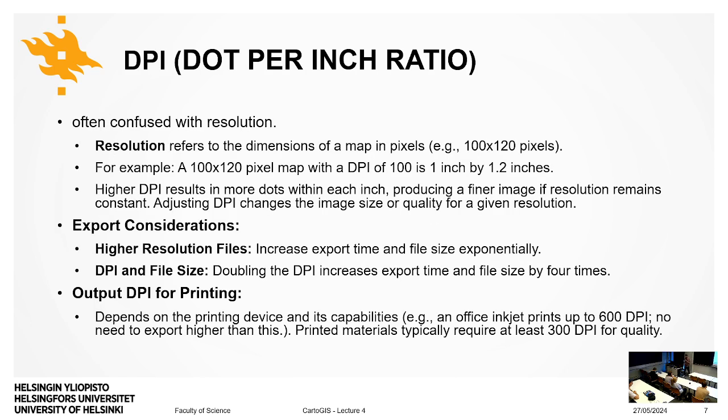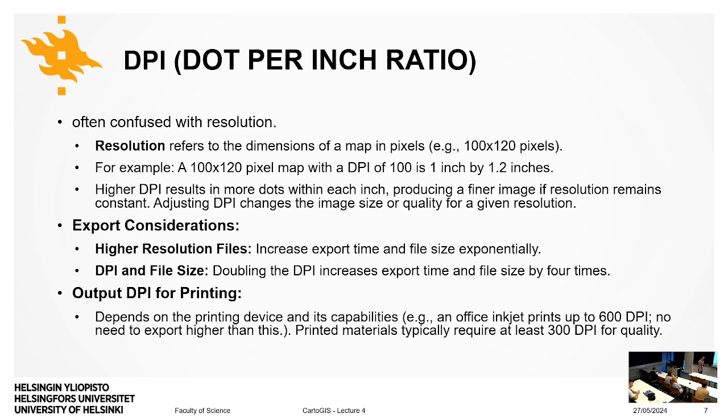One thing to demystify here is DPI, or dots per inch. Very often we confuse this with resolution, which is not the case. You need to think about DPI when exporting the map, specifically when you want to print the map.